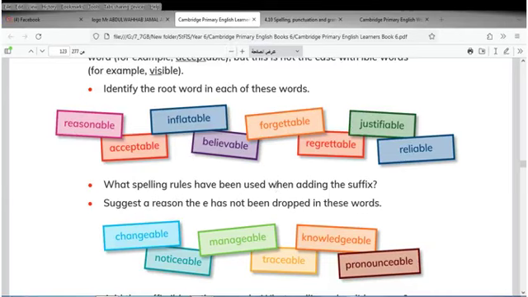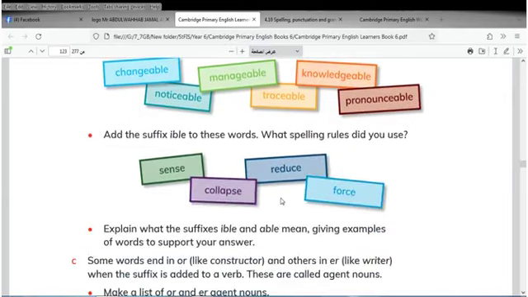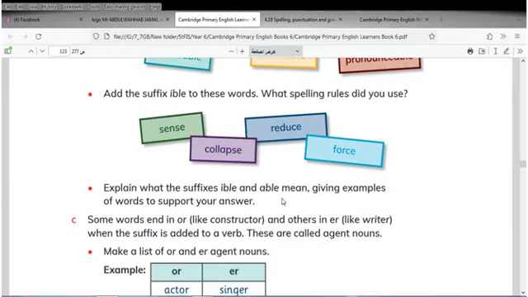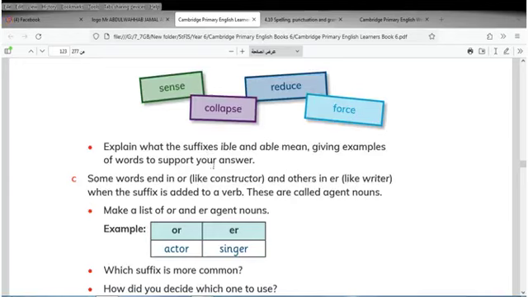Now, what about the ER and the OR? Both of them are suffixes. They are added to the nouns in order to make an agent to the noun.